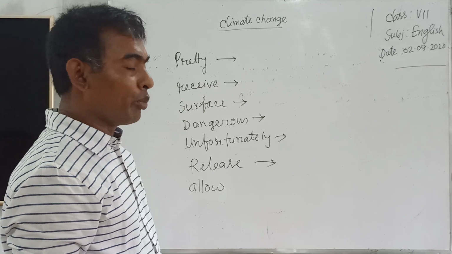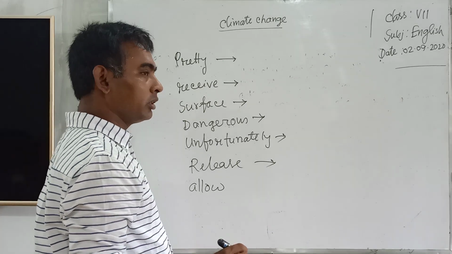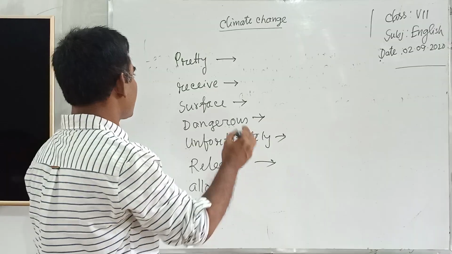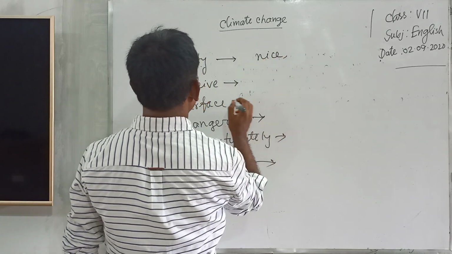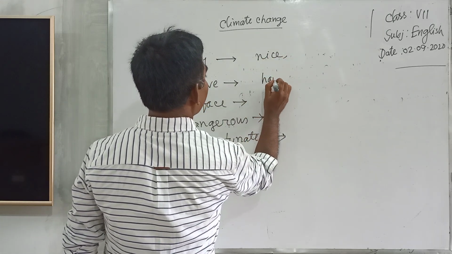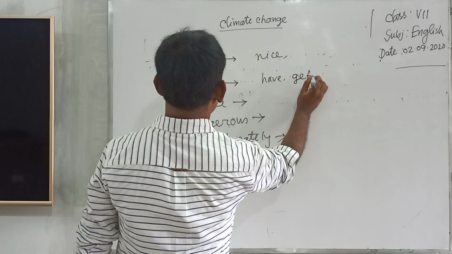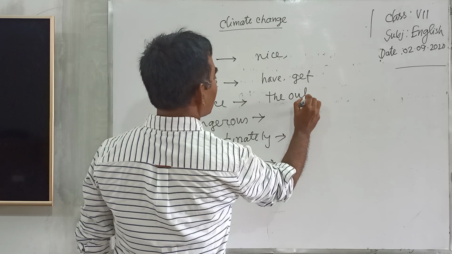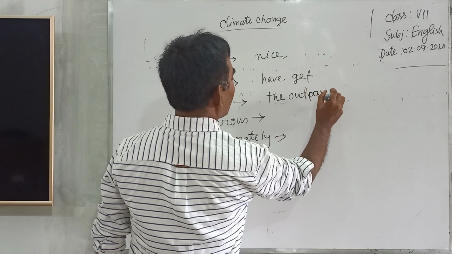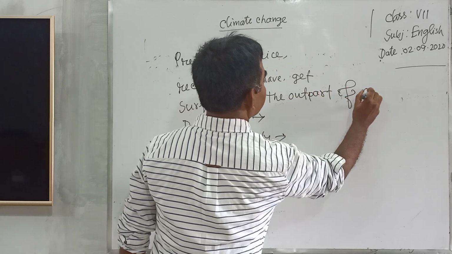Students, follow me, and I think this will help you to a great extent. Pretty means nice. Receive means have or get. Surface, the outer part of something.